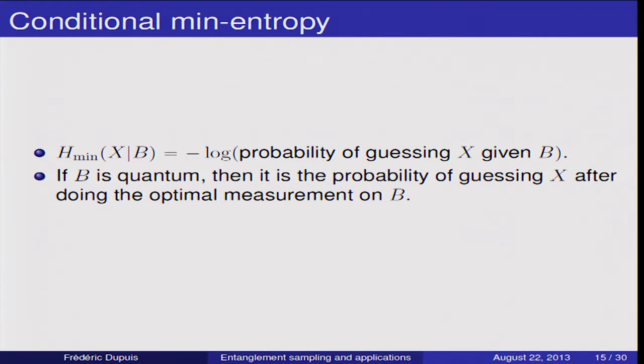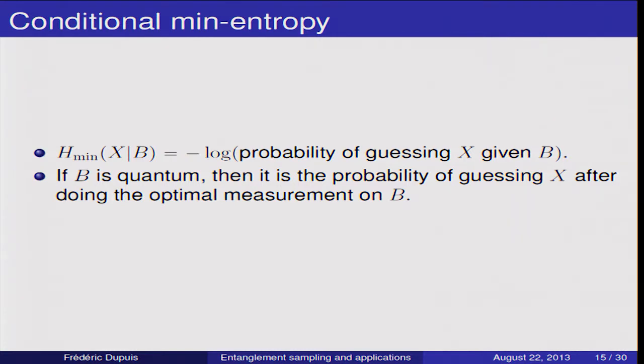And now this suggests a definition for the conditional min-entropy. Let's say we want to define the min-entropy of x given b, so the uncertainty that someone who has access to b has about x. Well, we can still define it as minus the log of the probability of guessing x, but now given b. You look at b, and then based on that, you make a guess as to what x is.